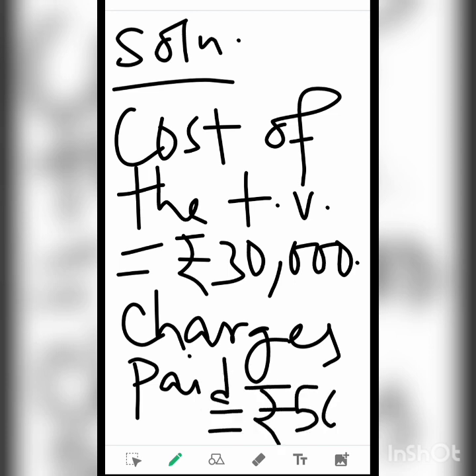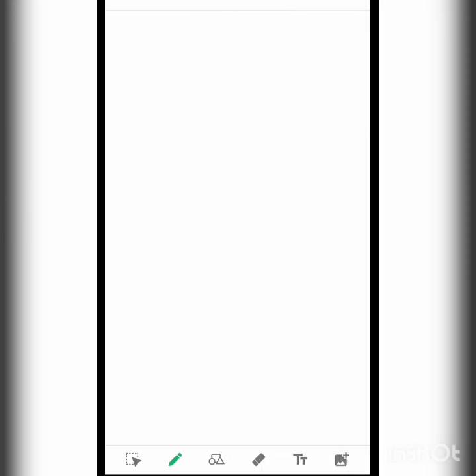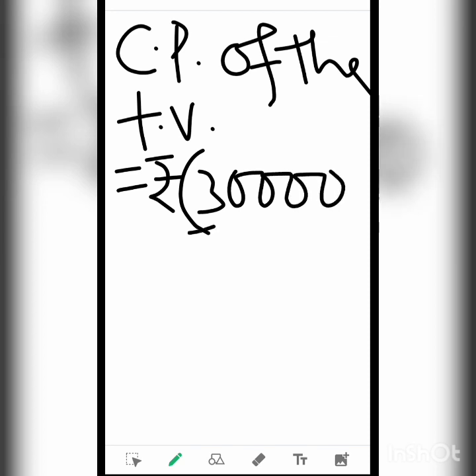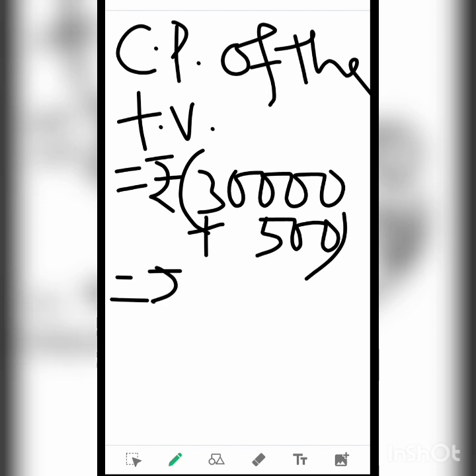So she has bought the TV for rupees 30,000 and paid charges of rupees 500. Now we can write CP of the TV. The CP of the TV is rupees 30,000 plus 500. You add it, you get rupees 30,500.